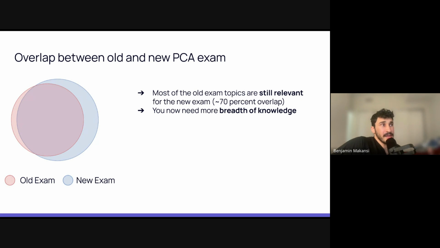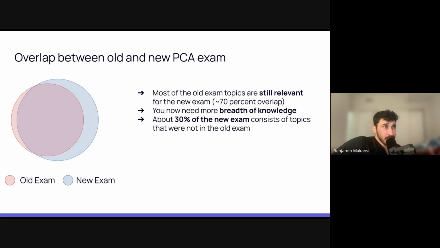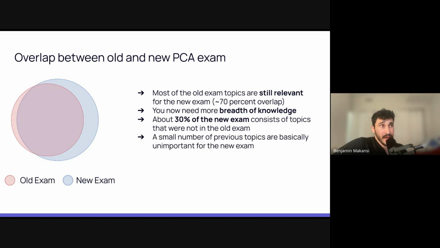About 30% of the new exam consists of topics that were not in the old exam at all. And on the flip side, there are a small number of previous topics, which I'll go into, that were on the old exam but are basically unimportant for the new exam. So things that used to show up regularly but just don't appear much anymore, or they've been deprioritized.